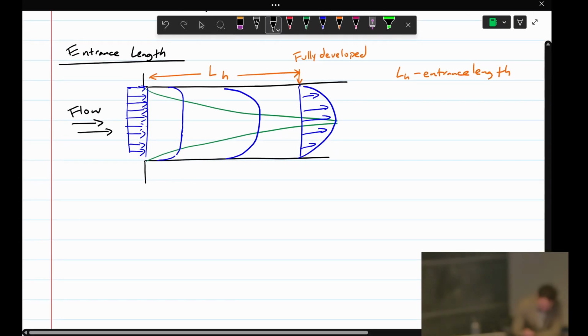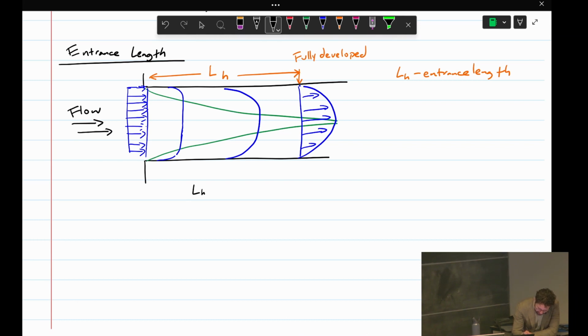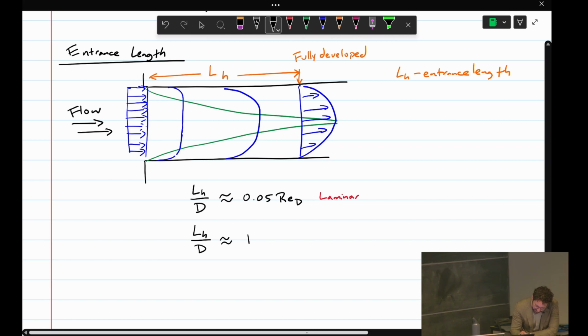We have some expressions here for rules of thumb. So LH over D, where D is the diameter again, for laminar flow is about 0.05 times the Reynolds number based on diameter. For turbulent flow, there are many expressions and it's much more complicated, but a common rule of thumb is just 10D.